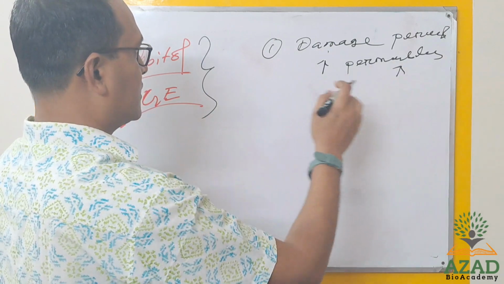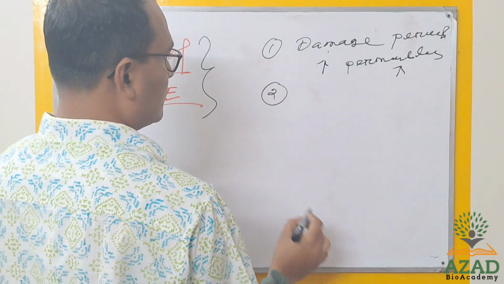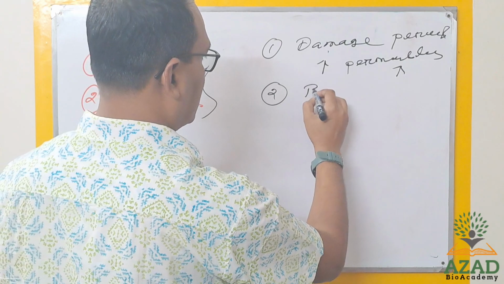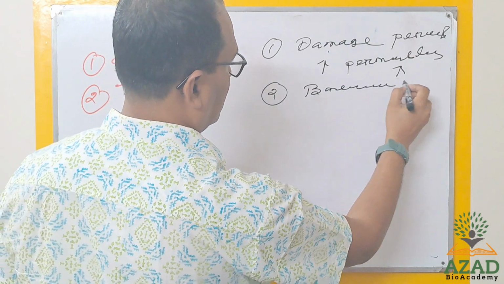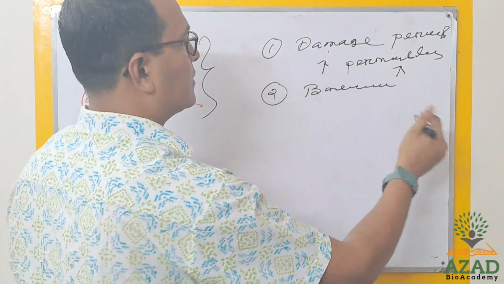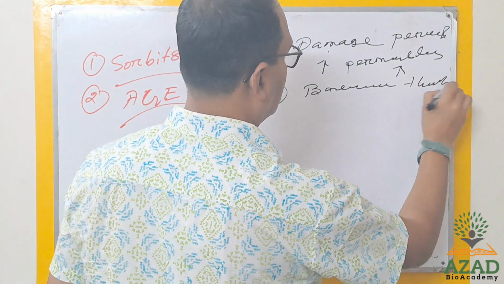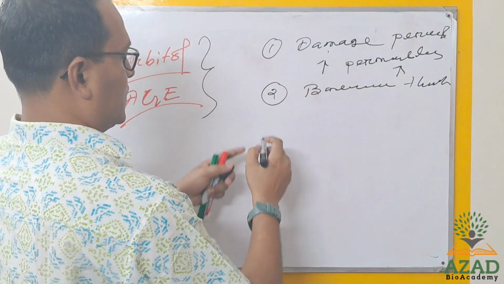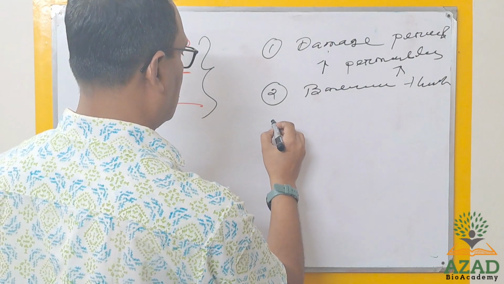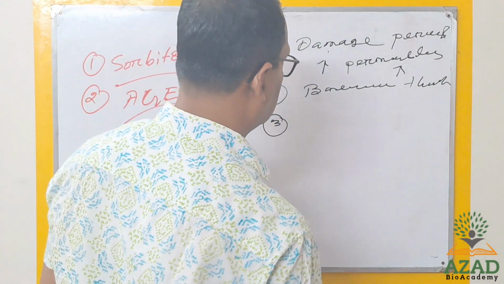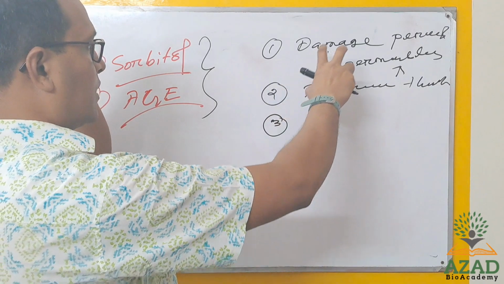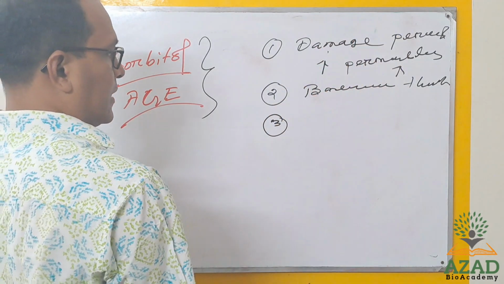Blood flow will decrease. Your basement membrane may become thicker, and then third, it will produce endothelial layer dysfunction.